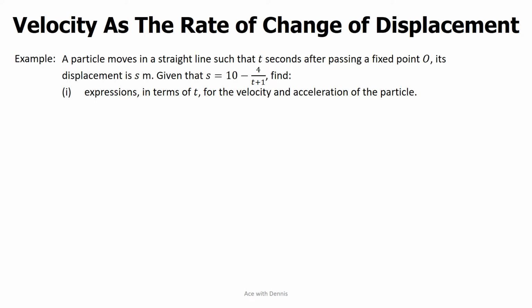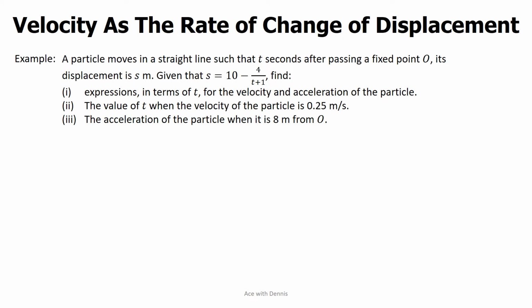Expressions in terms of t for the velocity and acceleration of the particle. 2. The value of t when the velocity of the particle is 0.25 meters per second. 3. The acceleration of the particle when it is 8 meters from O.